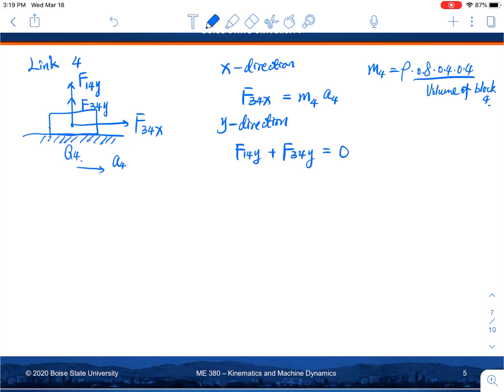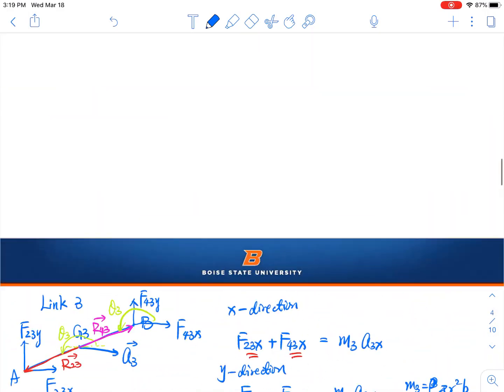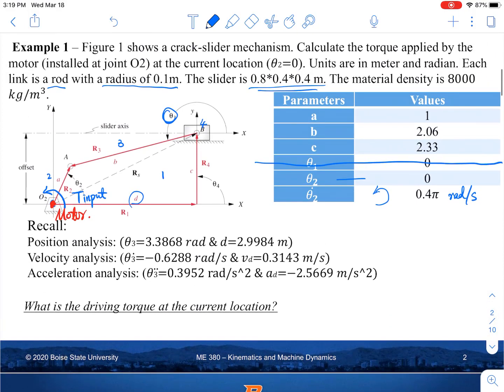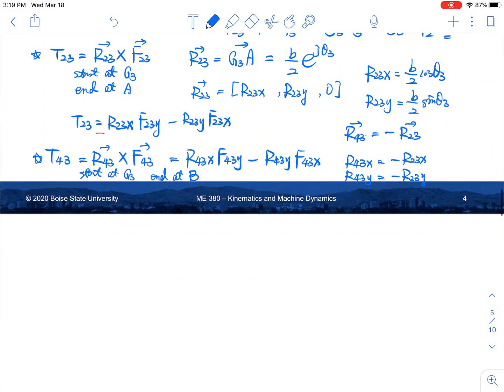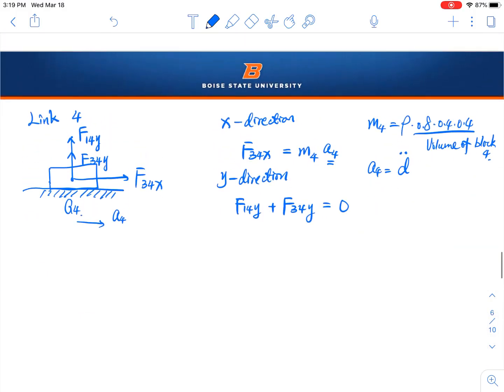Okay, so A4, that's the acceleration, A4 equals d double dot, right? If you remember the problem description, the d double dot, or AD, is equal to A4, whatever variables you're using. So this is the acceleration of this block. It has already been calculated from the acceleration analysis. All right, so we have 2 more equations.